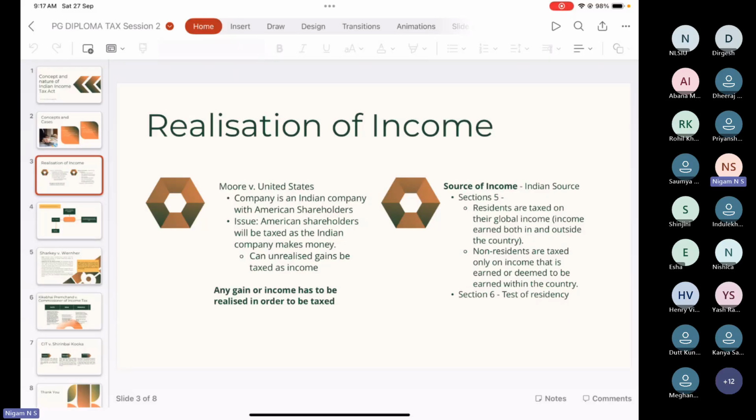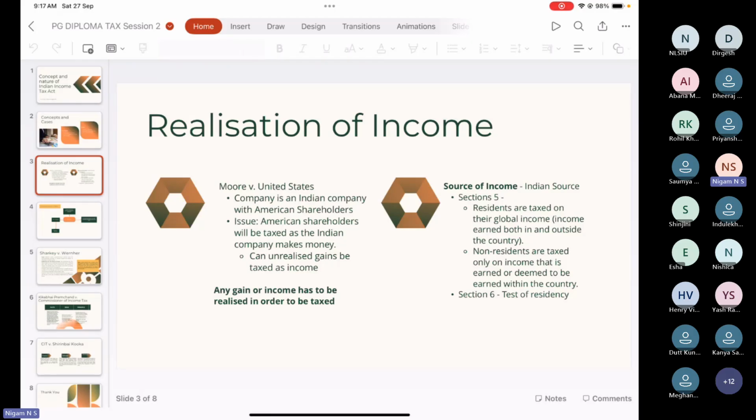Then it says that income that's earned by a resident is taxed wherever it arises. So residents are taxed on their global income. Then it says income that's earned by non-residents is taxed only if it is earned or sourced in India, so only on the Indian source income. That's mentioned in Section 5 as well. And then who is a resident is decided in Section 6.